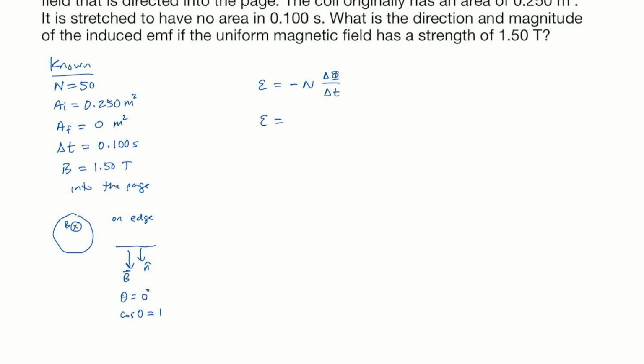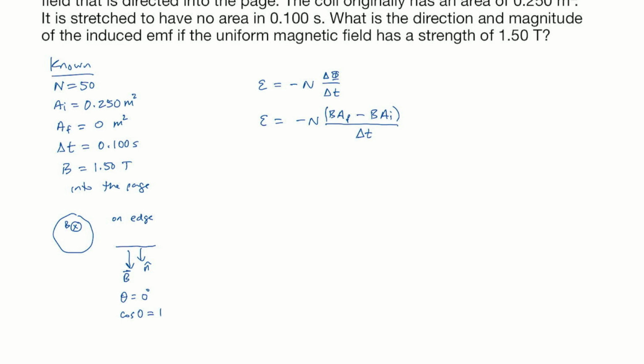So induced EMF is minus N. We have B times the final area times the cosine of 0, which is just 1, minus B times the initial area times the cosine of 0, which is still 1. And then all of this is divided by the elapsed time. We'll assume that the coil always stays in the plane of the page.